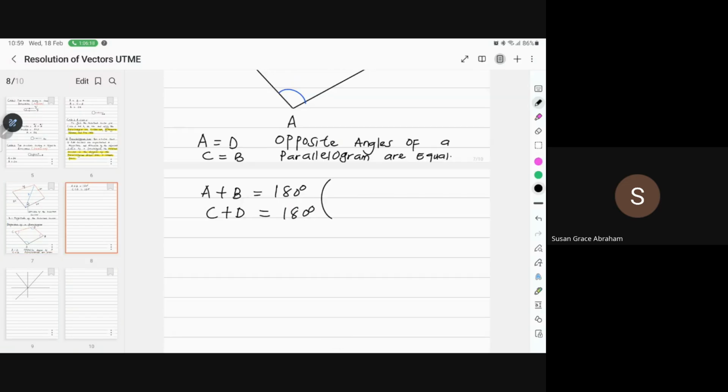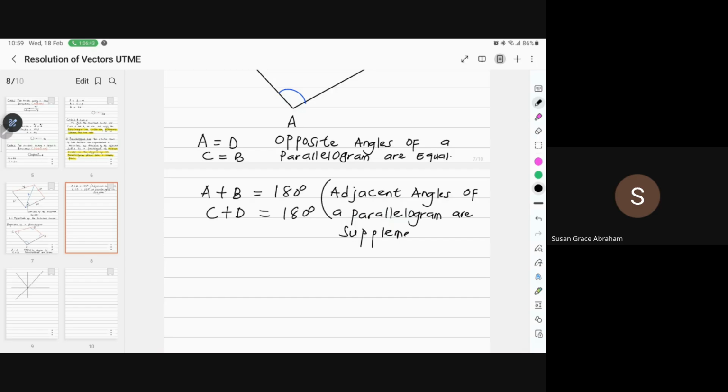They are supplementary. So adjacent angles of a parallelogram, they are what? They are supplementary.